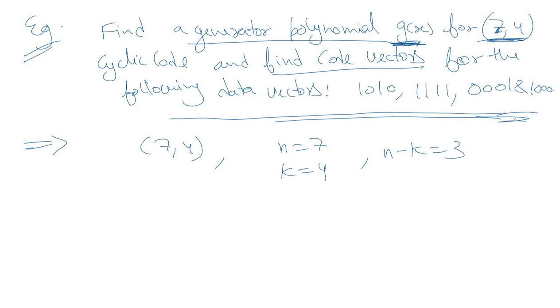If you remember the property, it says that if you divide x into c of x by x raised to power n plus 1, the remainder is c-i of x.